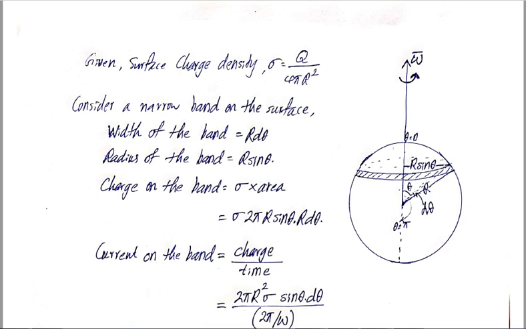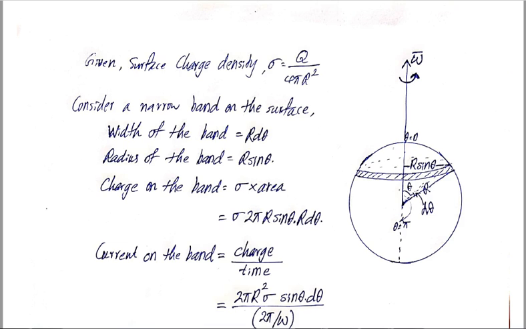If capital R is the radius of the sphere, that is from center to the surface of the sphere, and theta is the angle made by that radius vector from the z-axis, we see that this distance will be r cos theta and this distance will be r sin theta. So r sin theta is the radius of our small narrow band.